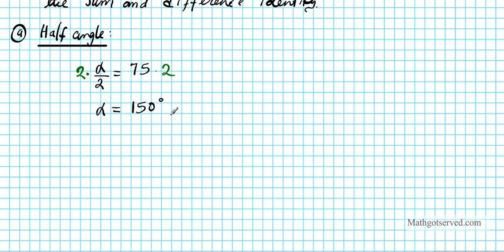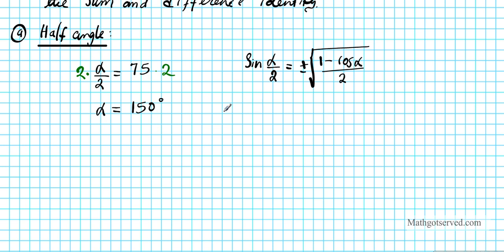Now we're going to use the half angle identity for sine. We know that sine alpha over 2 equals plus or minus the square root of 1 minus cosine alpha over 2. Let's go ahead and plug in the value of alpha, which is 150.